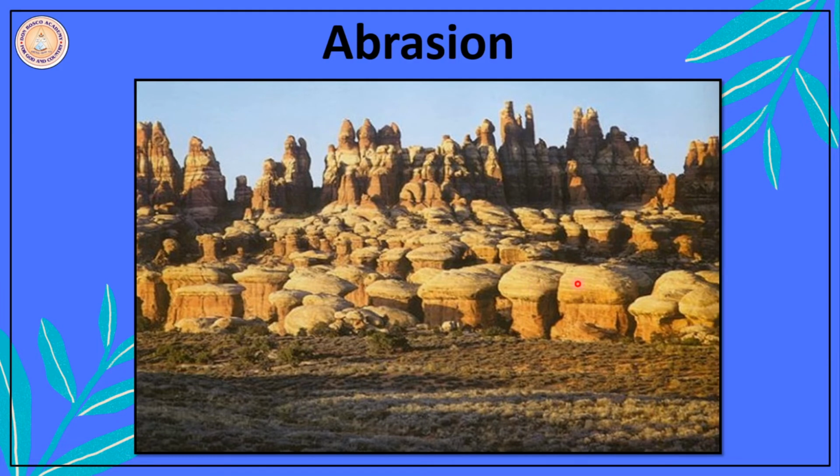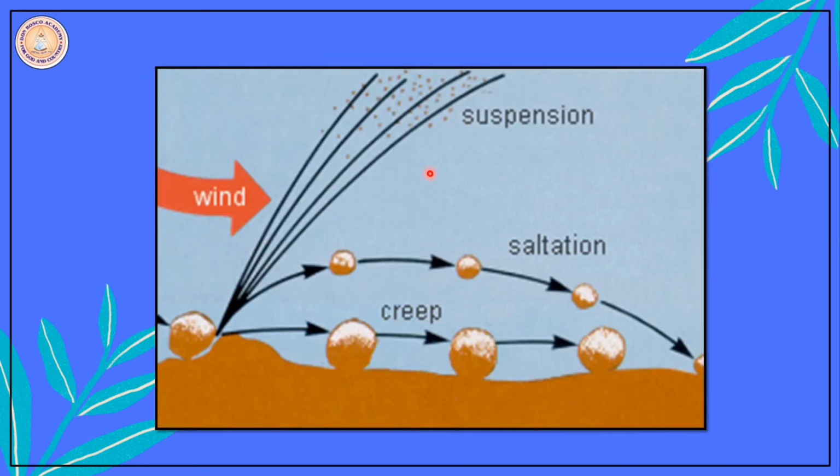So we have already learned that the wind is armed with sand particles as it blows, and also certain small pebbles, and they are suspended. That is, these particles are suspended, and these are hopping and jumping along with the flow of the wind.